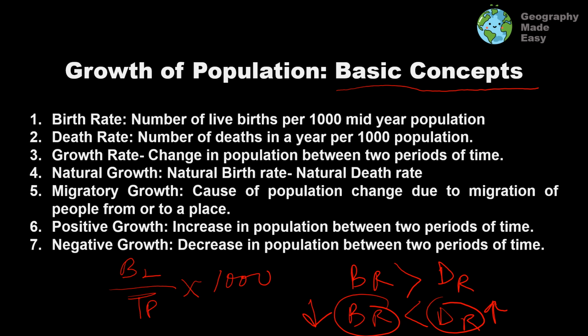So places like China, like Japan, even China in certain areas is experiencing this. And most of the European countries are experiencing a slowing down, or a birth rate which is lesser than the death rate. So what happens is, this is known as the growth rate. The growth rate of the population starts falling down.